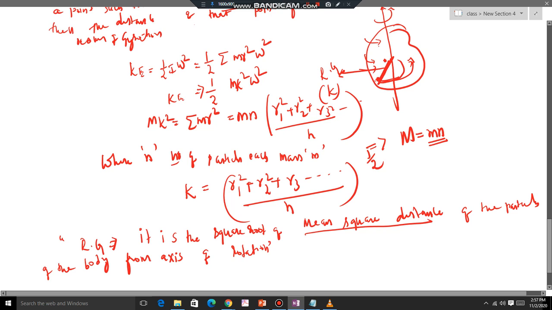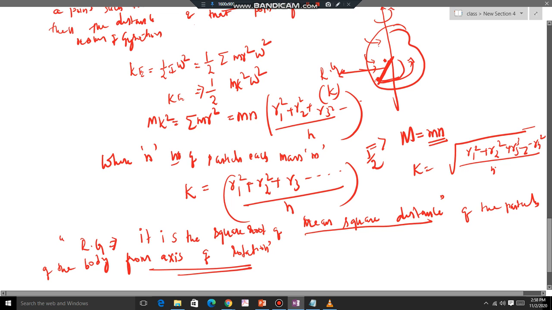So radius of gyration is the square root of mean square distance. You can see that K is equal to root of r1 square plus r2 square plus r3 square up to r n square divided by n. So it is the square root of the mean square distance of the particles of the body from the axis of rotation.